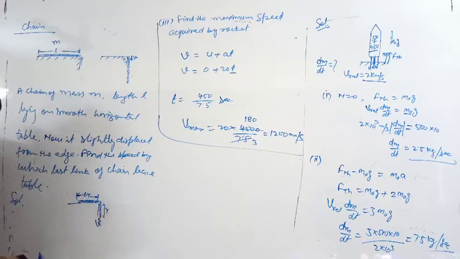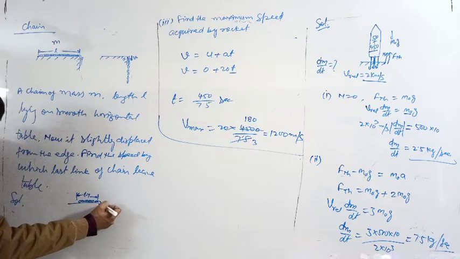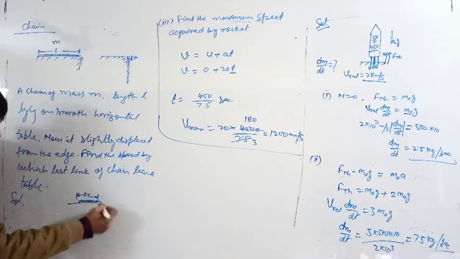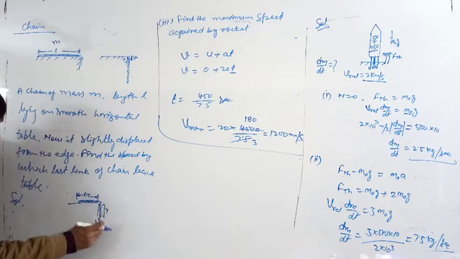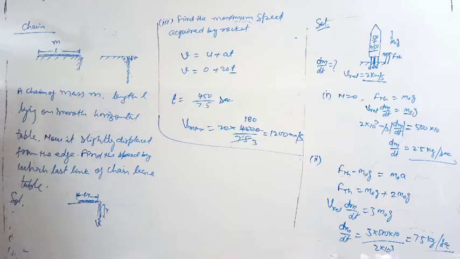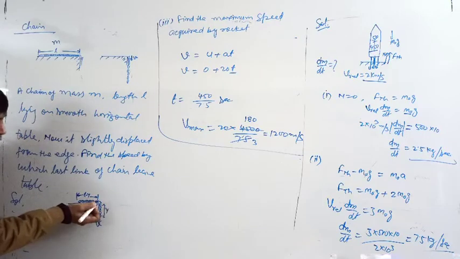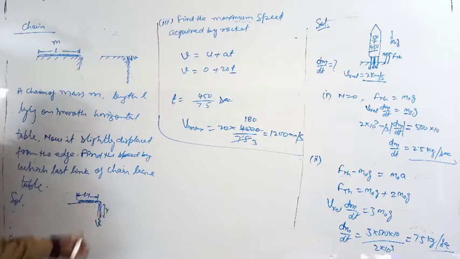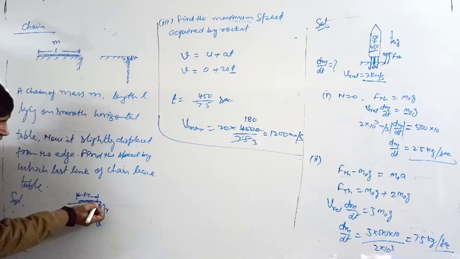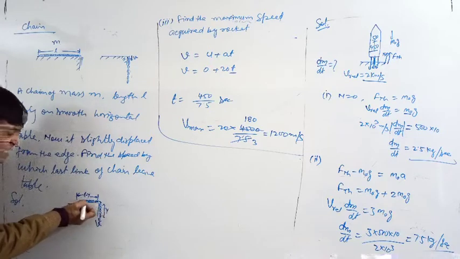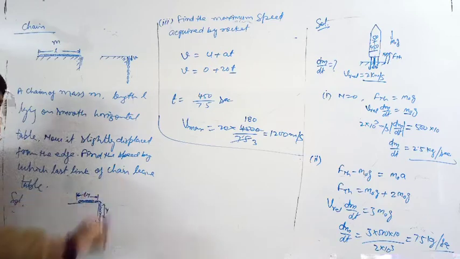So what is happening in this case? The mass of this part of the chain is increasing. Because of that, it is exerting some force over here, and on this part, you are pulling this chain in this direction.